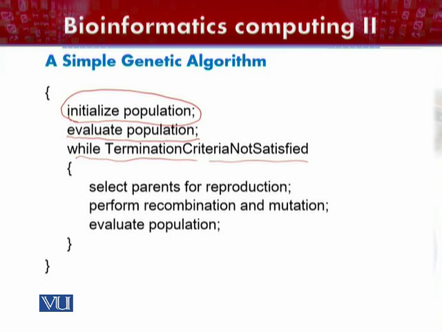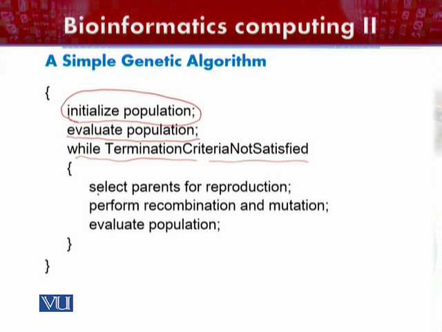So there will be a termination condition, and when a round gets completed, the algorithm will check whether the termination condition is satisfied or not. If it is satisfied, it will terminate, and if not, it will run another round and then another, running in a loop until the termination condition is satisfied.